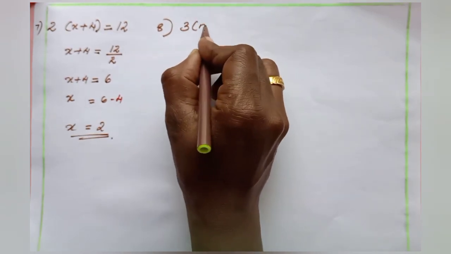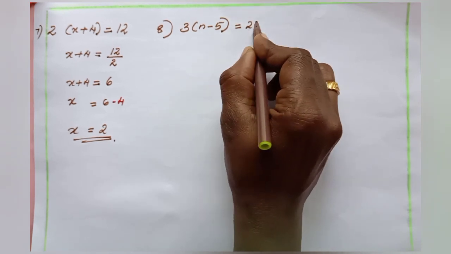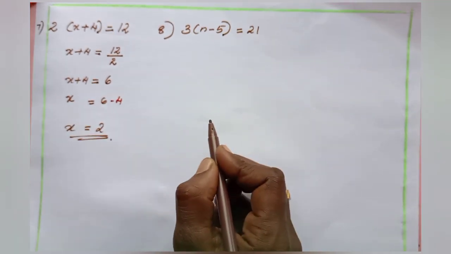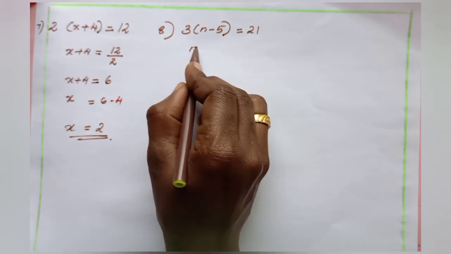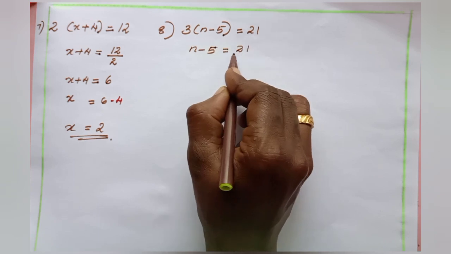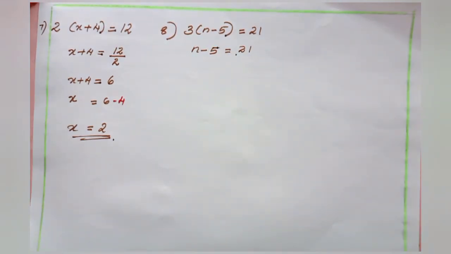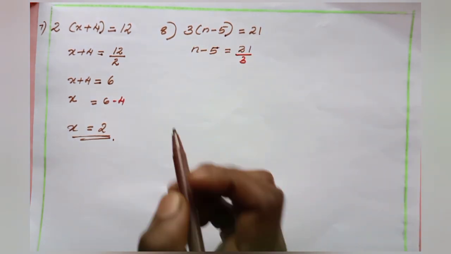3 into n minus 5 equal to 21. So transpose the 3, the multiplication, to the right side as division: 21 divided by 3.